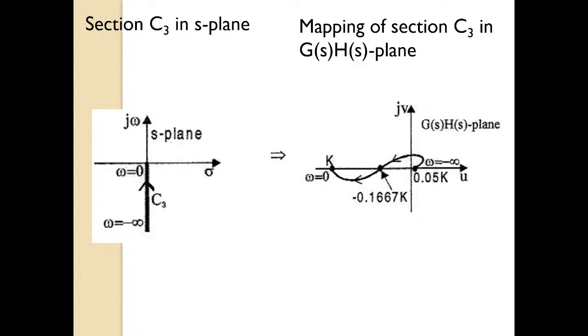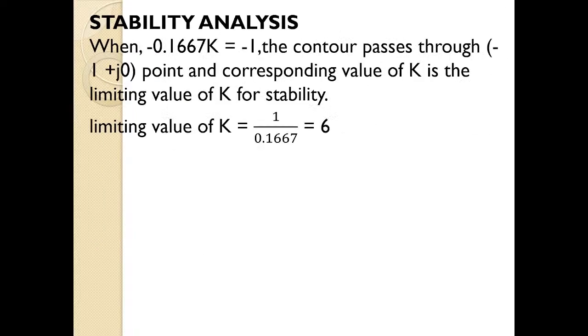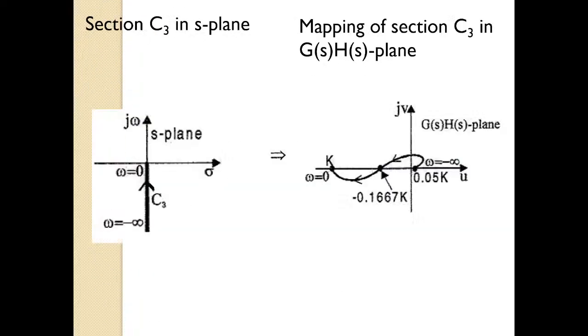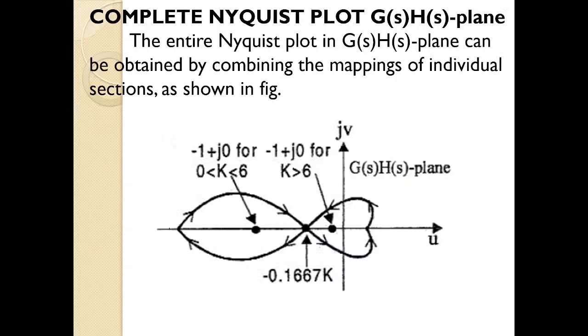Now let us combine all the sections. I don't remember if I collected all the section contours. For C2 we didn't get any contour, so I will just explain it here.